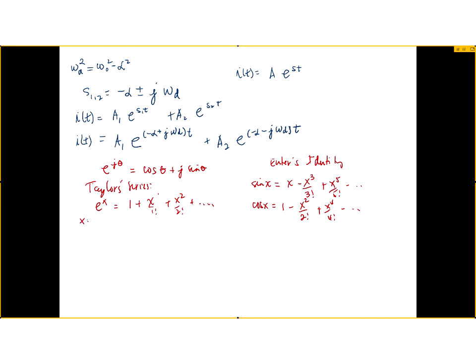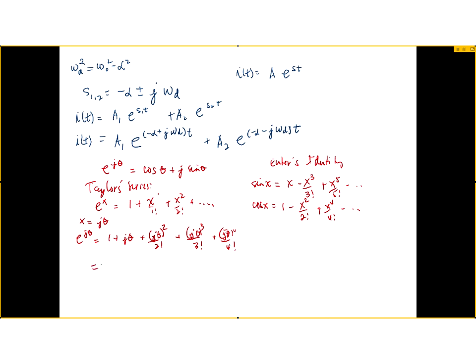So what if I substitute x equal to j theta? What happens to e to the x, or e to the j theta? It's going to be 1 plus j theta, plus j theta squared over 2 factorial plus j theta cubed over 3 factorial plus j theta to the 4th over 4 factorial, and so on.